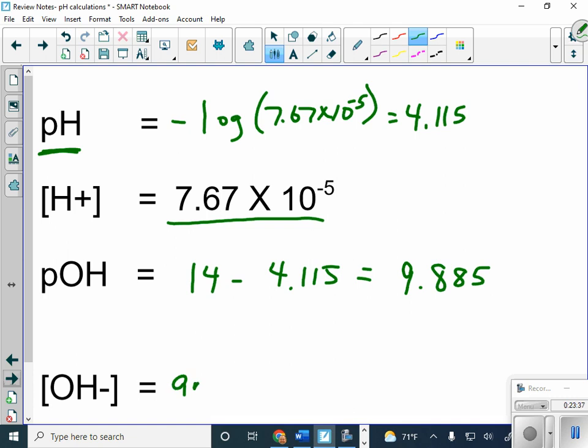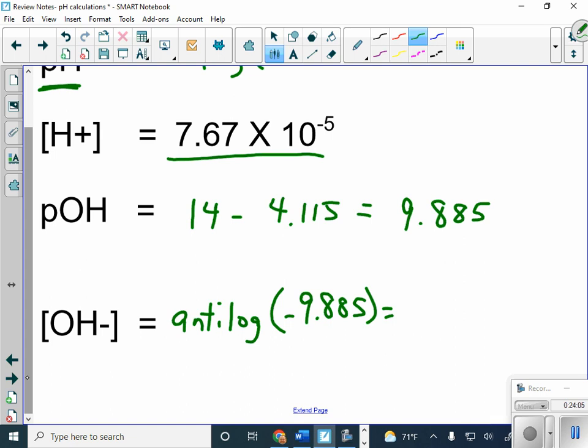So the anti-log of negative 9.885, and with 3 sig figs, that gives me a value of 1.30 times 10 to the negative 10th.